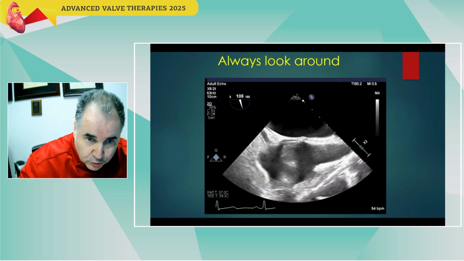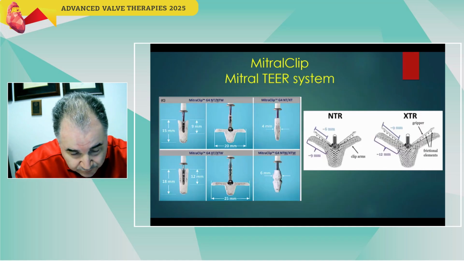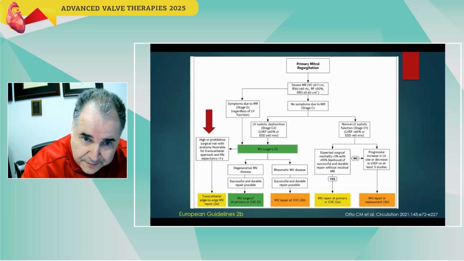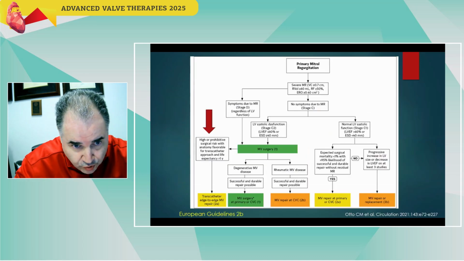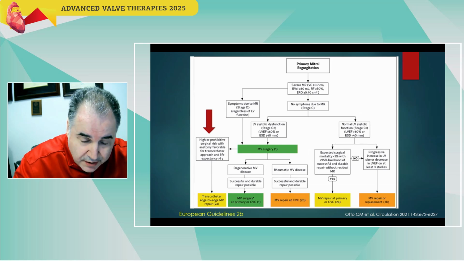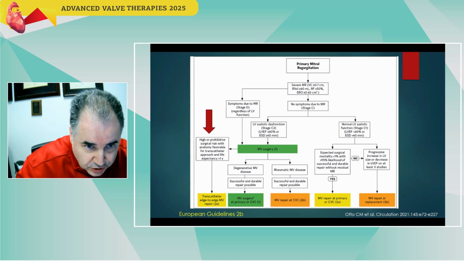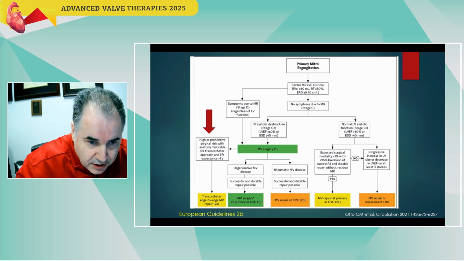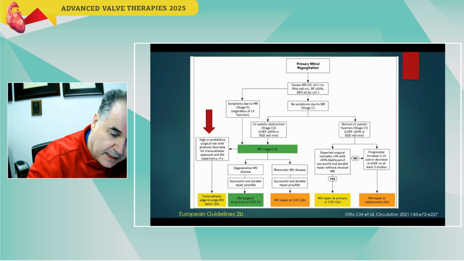Part of my talk today will be the mitral clip, the mitral transcatheter edge-to-edge repair. For primary MR, the therapy is of course surgery, but for high or prohibitive surgical risk with favorable anatomy, it is a 2A indication by the American guidelines and 2B by the European guidelines.